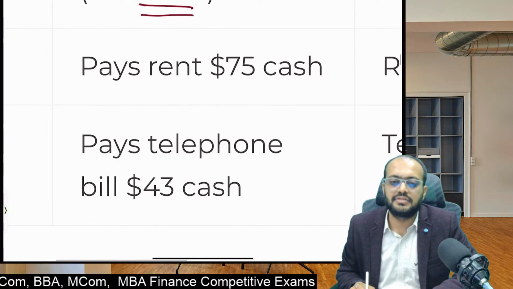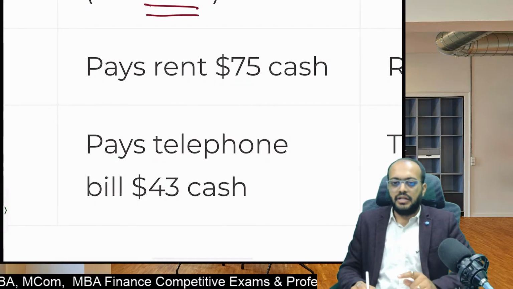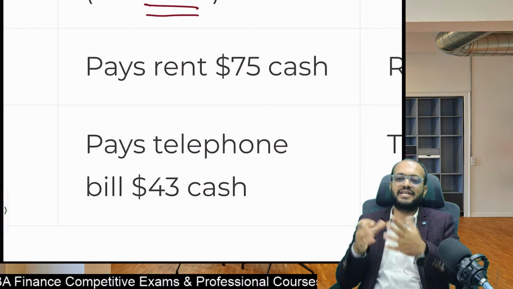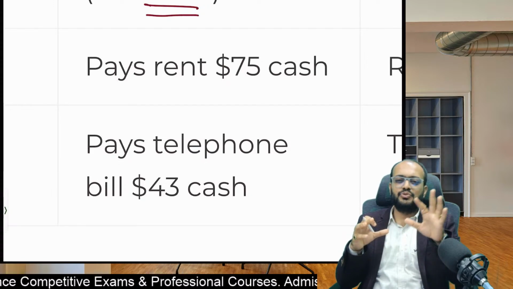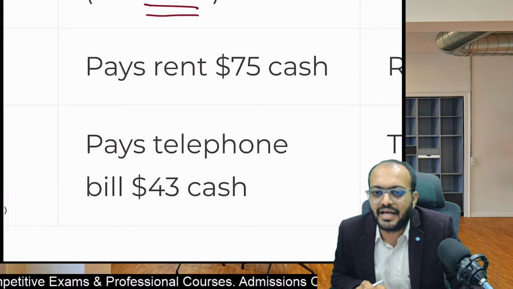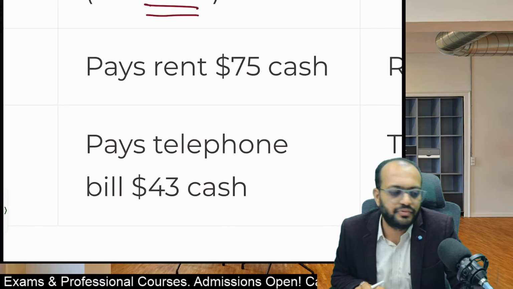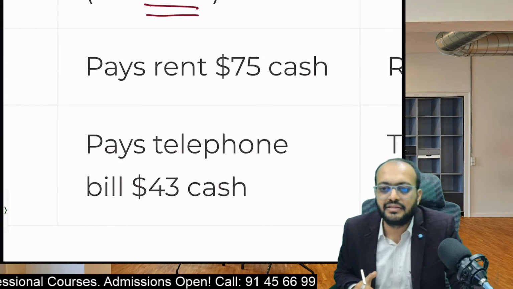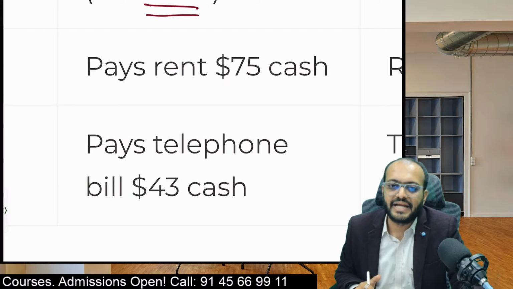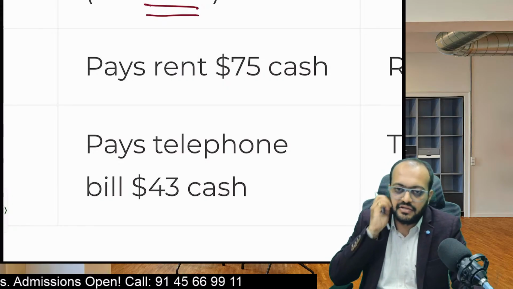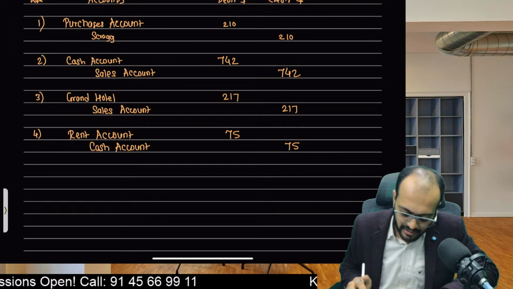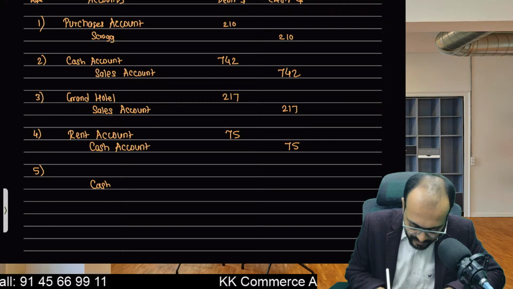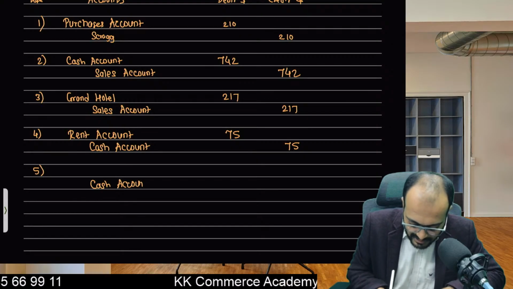So students, pays telephone bill in cash. Again, there is involvement of cash. I suggest you focus on cash, because one aspect is clear immediately if you get clarity about cash. Since we are paying the telephone bill, cash is our asset and cash goes out, that is, the cash balance is reducing, so cash is to be credited. Since the cash account is credited, another account will be debited.